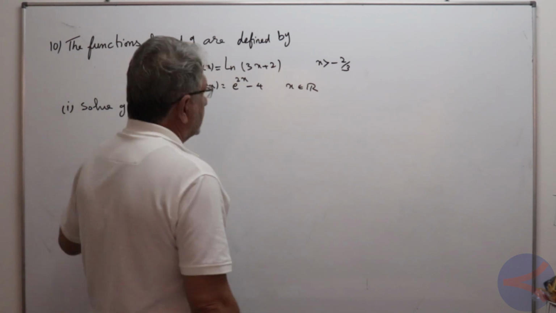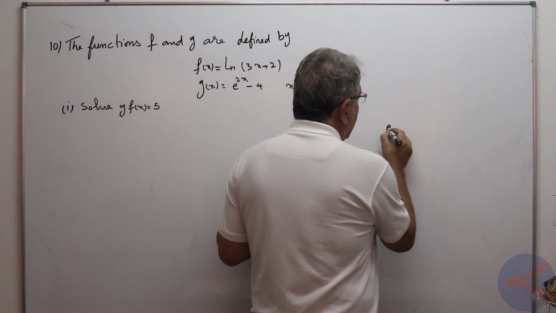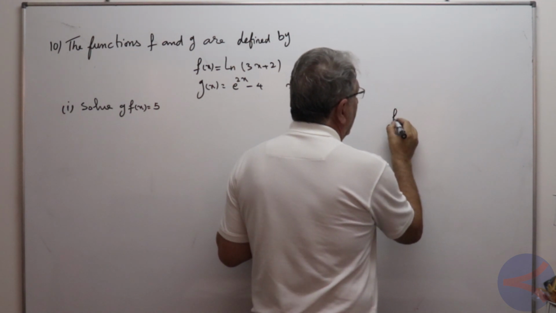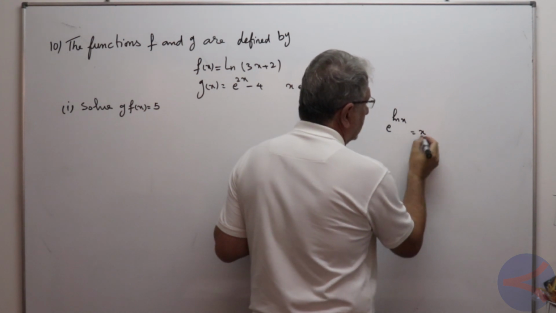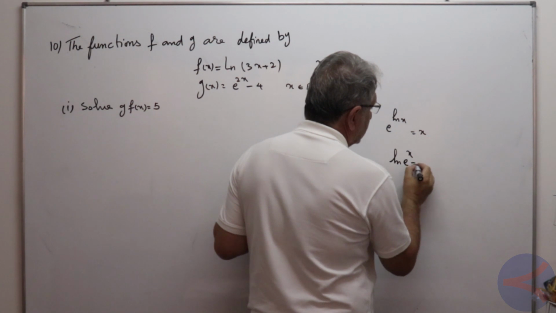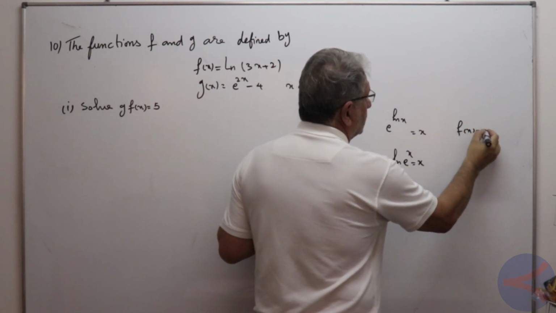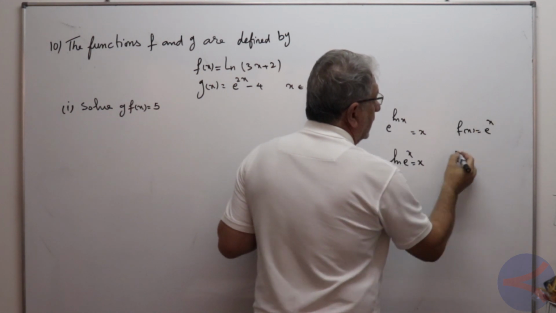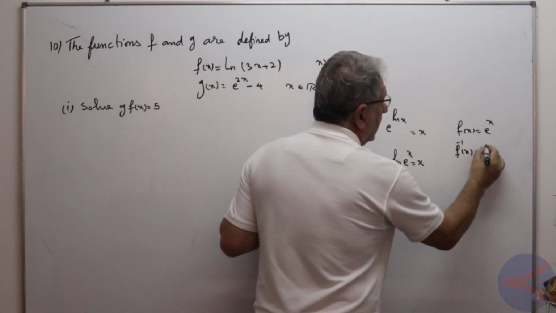Before going to the question, I want you to remember that e to the power of ln x will be equal to x, and ln of e to the power of x also is x, because if you have a function f of x equal to e to the power of x, f inverse of x is ln x.